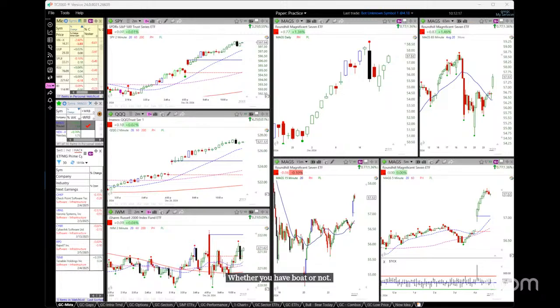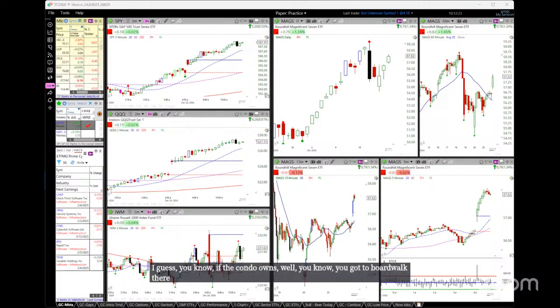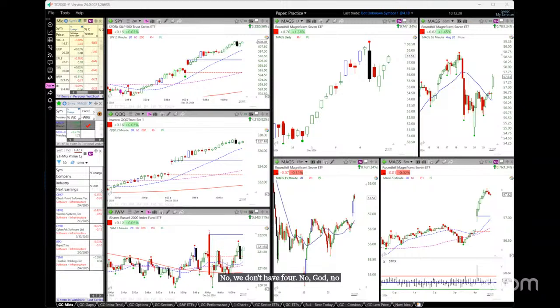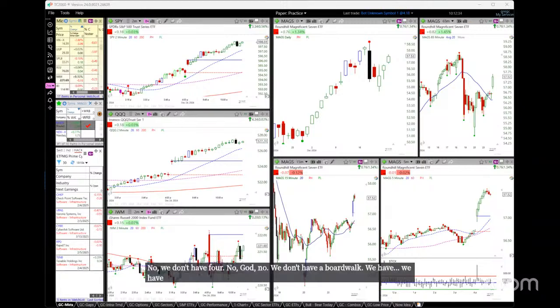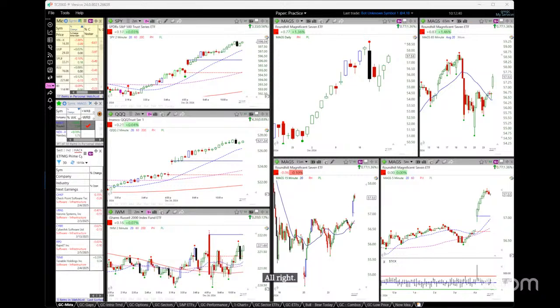Is there a marina license? No, God, no. We don't have a boardwalk. We have a dock for two boats, is all, with six pilings. That's it.